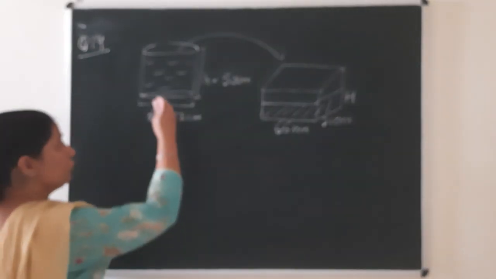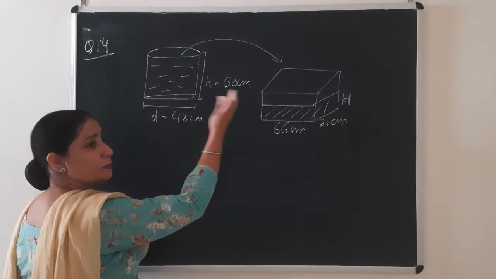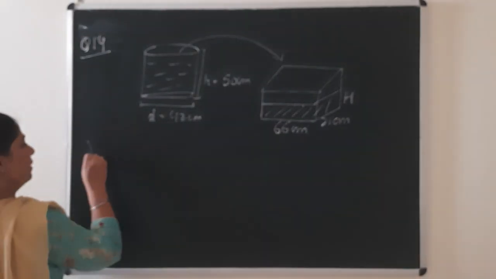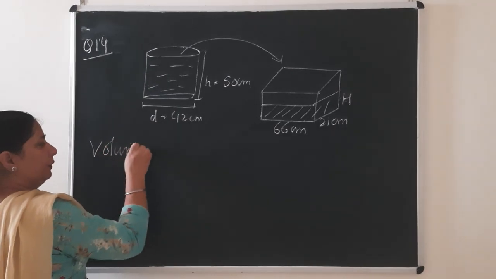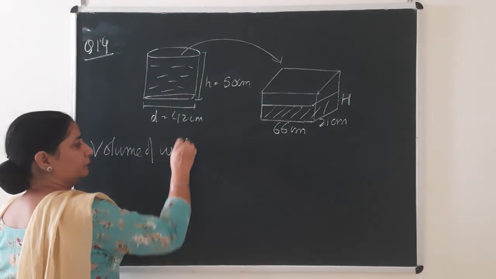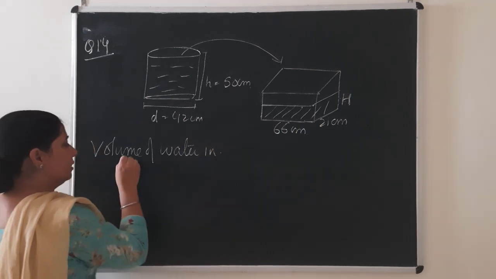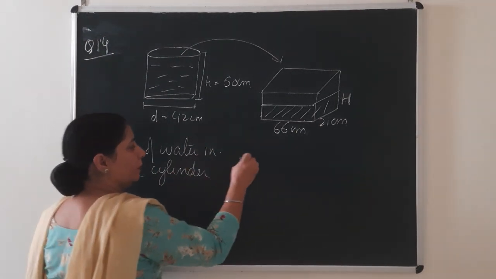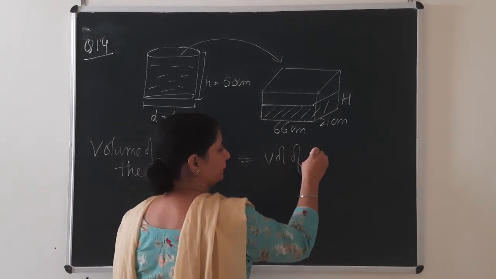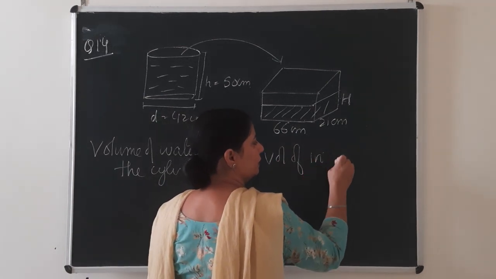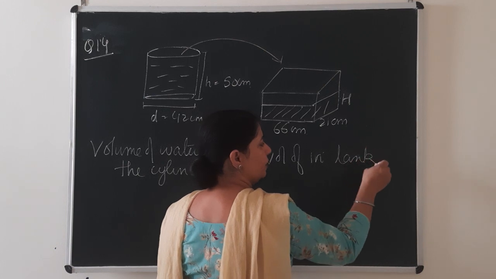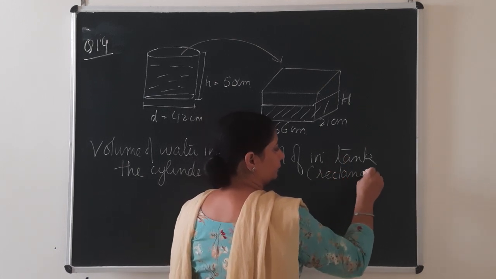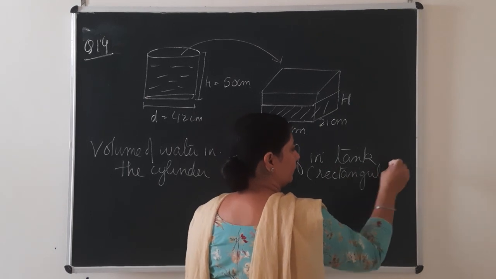So when you are shifting, that means the comparison of the two figures will again be of the volume. The volume of the water in the cylinder will be equal to the volume of the water in the tank, which is in the shape of a cuboid, a rectangular tank. Clear?